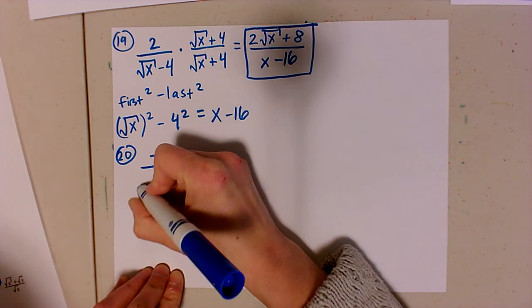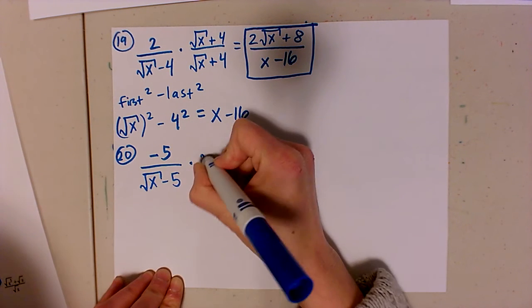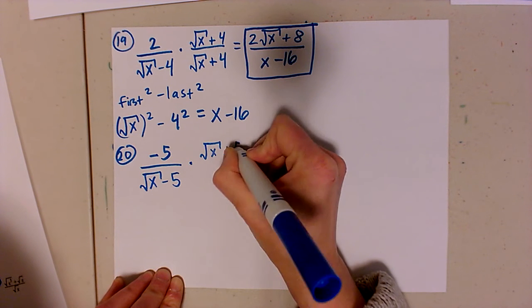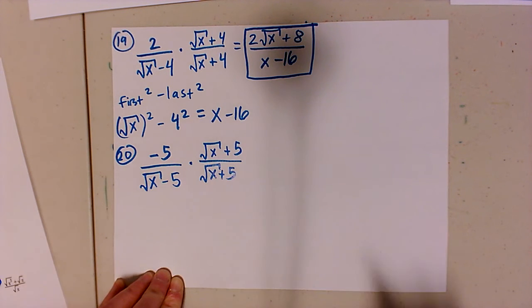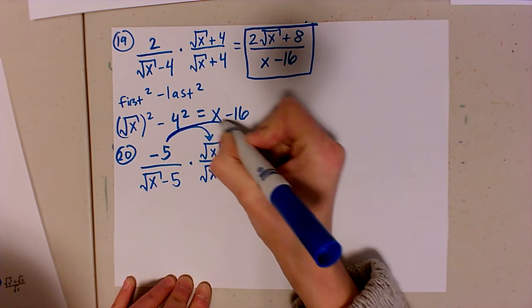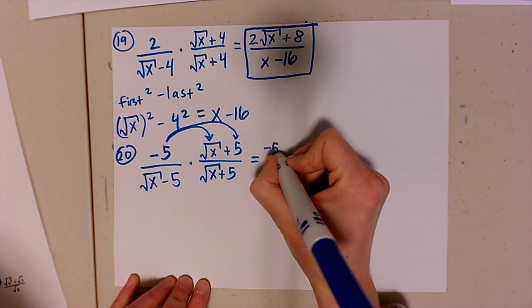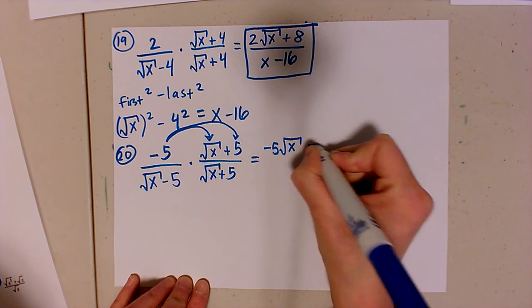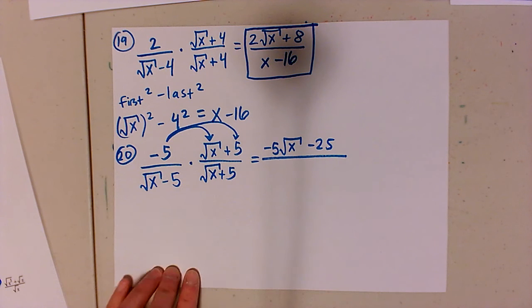We have negative 5 over root x minus 5, so we'll multiply by our conjugate of root x plus 5 over root x plus 5. We'll be able to take the negative 5 up top and just distribute that across. So that'll give us a negative 5 root x minus 25, and then down below we can do the same thing.